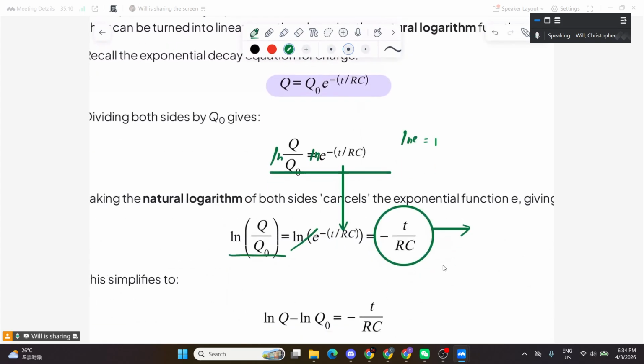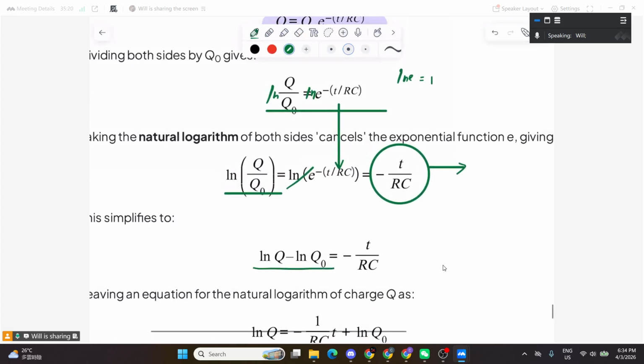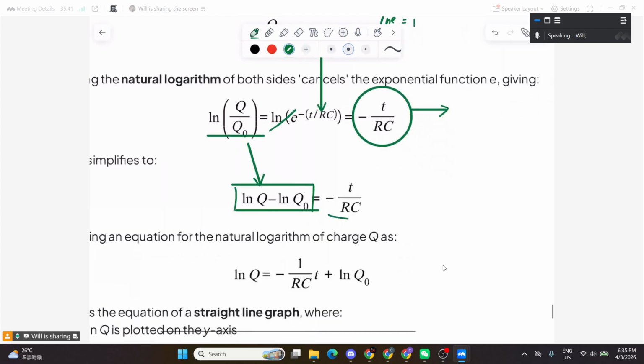And the left side is the log of the fraction of the initial quantity and the remaining quantity. And we can transfer it into a minus equation: the log of the remaining charge quantity minus the log of the initial quantity. So we can get this one.